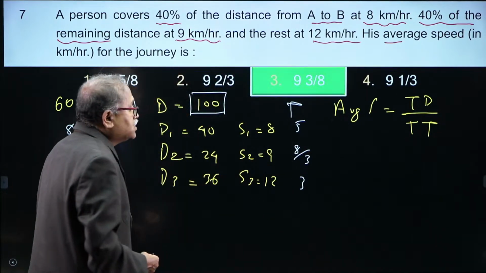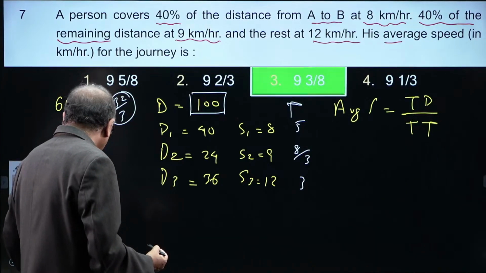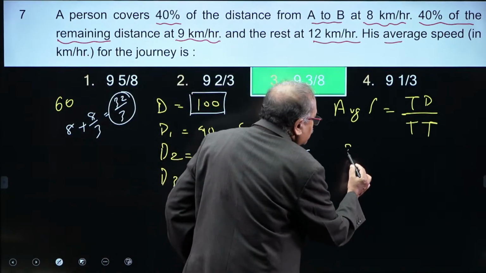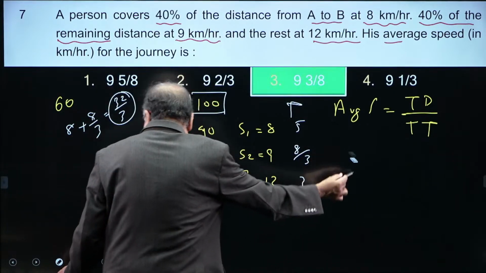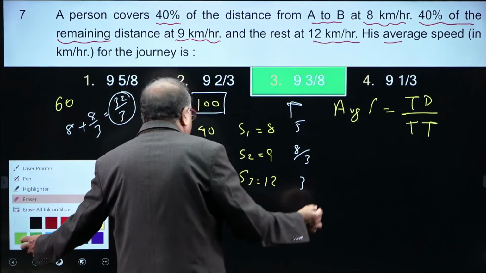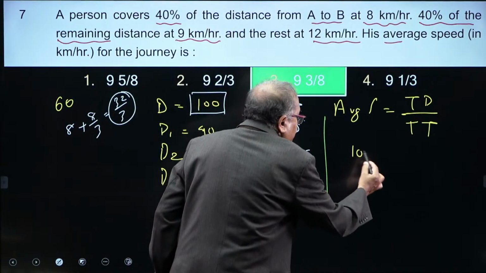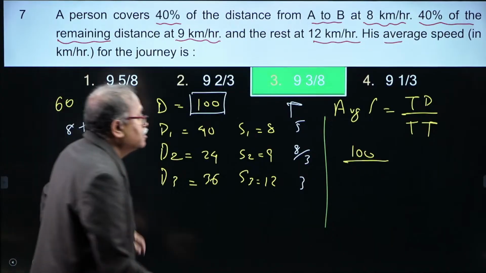So, the total distance 100 divided by, what is the total distance? 100. 100 divided by 32 by 3.